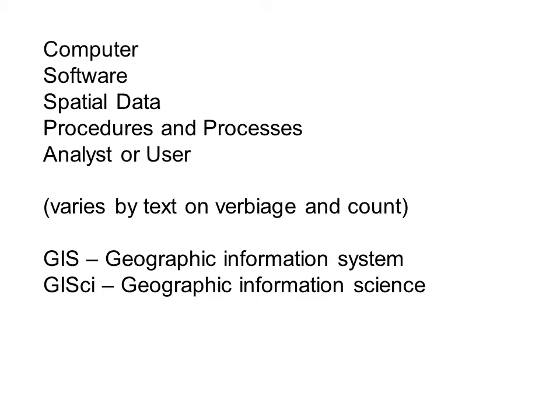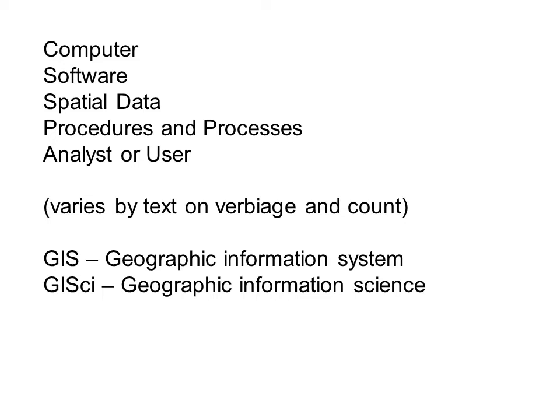There's also a couple of other things you'll come across from time to time: GIS versus GISci, Geographic Information Systems versus Geographic Information Science. These are argument-laden labels within the geography community. They've spent a fair amount of time historically arguing and defining and trying to classify where and how things fit.